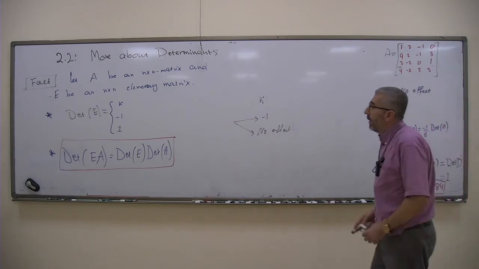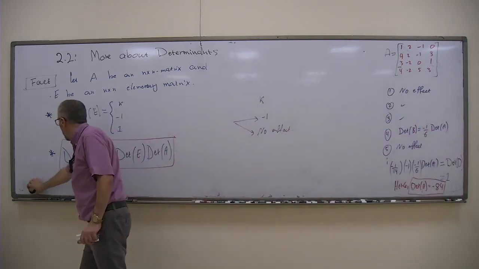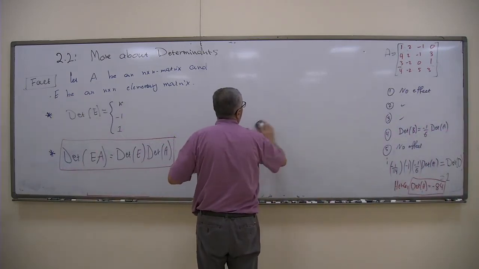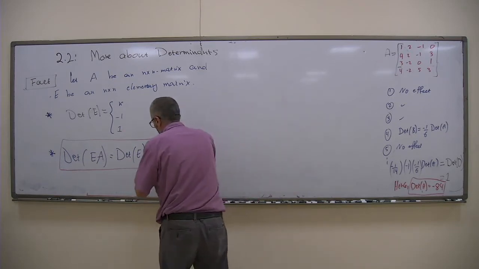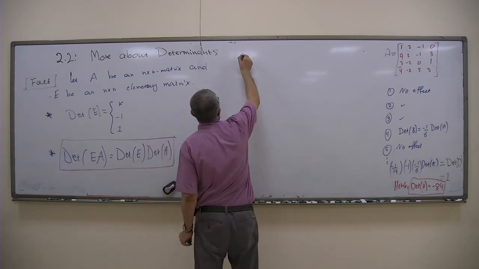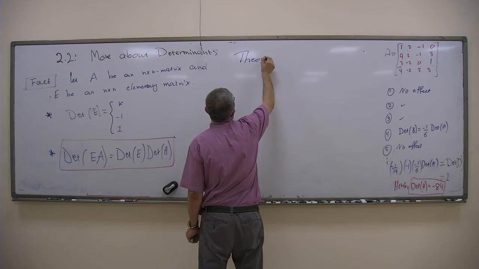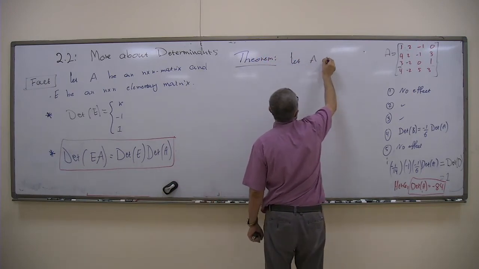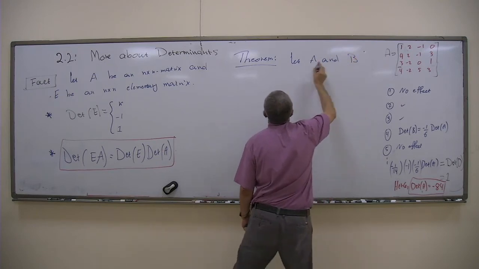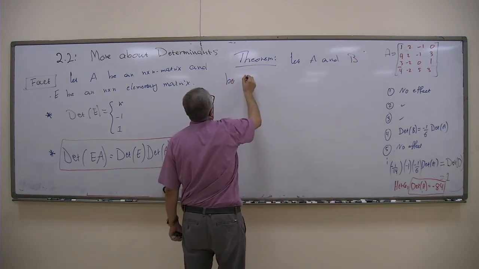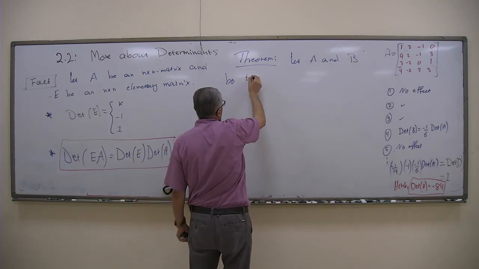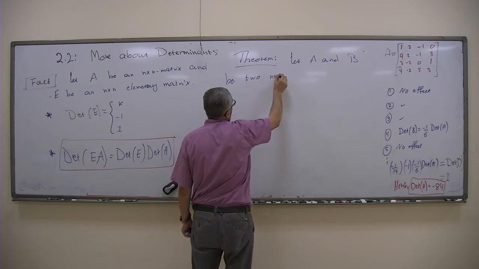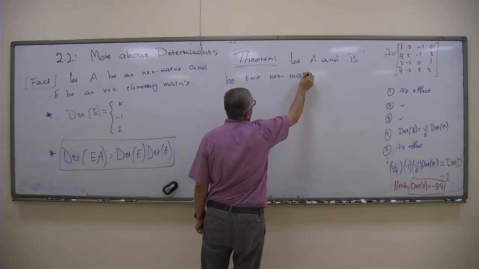All right? Okay, so now, big theorem or nice theorem. Let A and B be two n by n matrices.